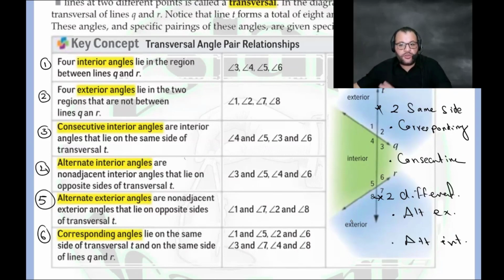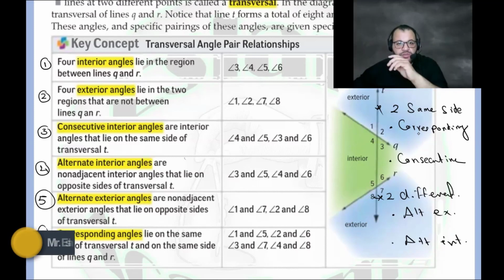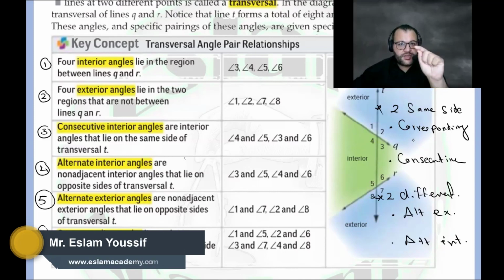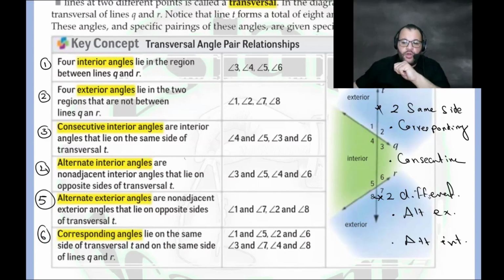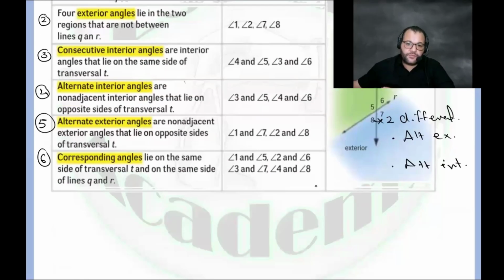Now for the 2 types that lie on the same side of the transversal: for the corresponding, one interior and one exterior; for the consecutive interior, both of them are interior. For the two angles that lie on two different sides of the transversal, the two angles are both interior or both exterior. Any problem for this part?